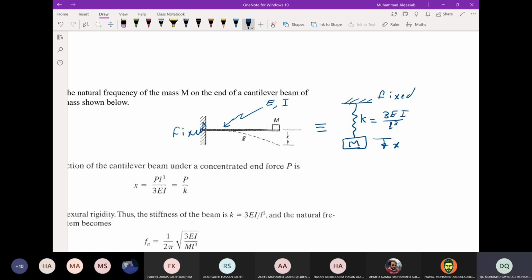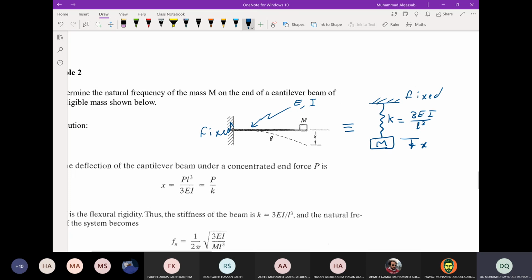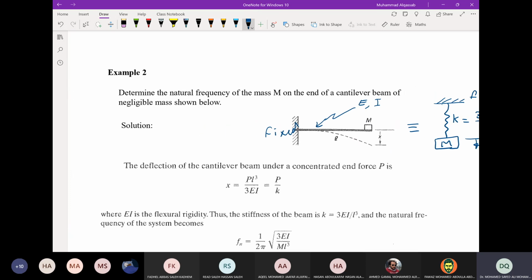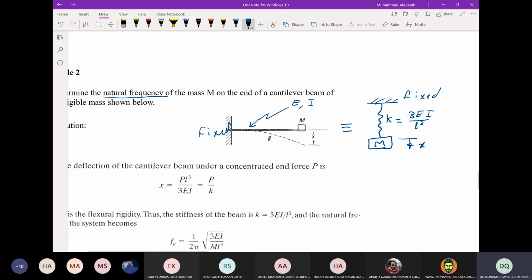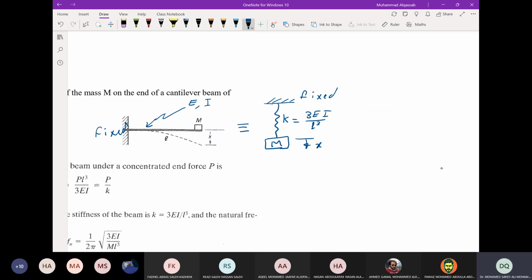And the spring is massless. The natural frequency is required, determine the natural frequency. So you can find Fn or omega n. The natural frequency for this model is Fn equal to 1 over 2 pi times the square root of K over M. That's it.